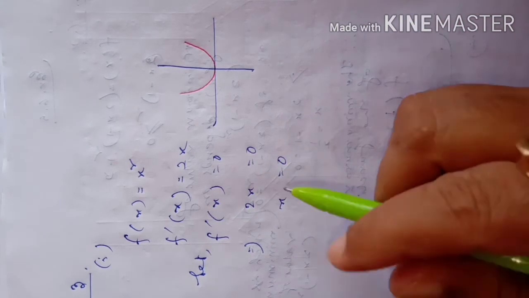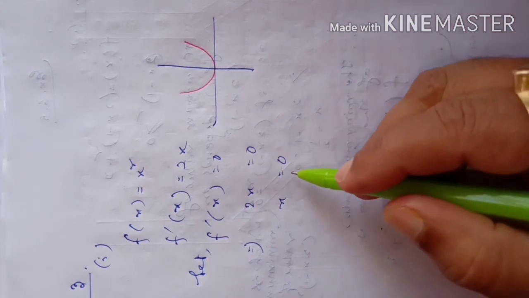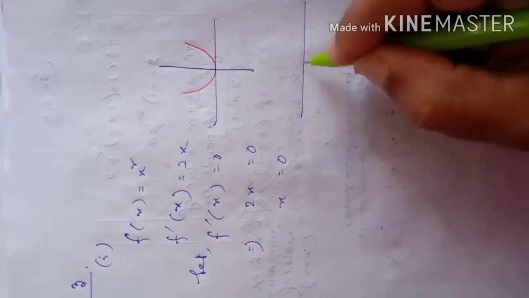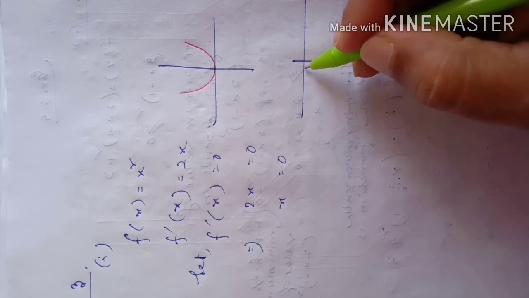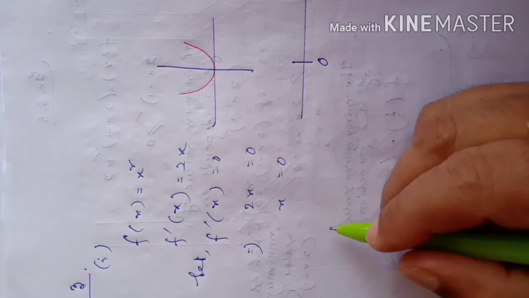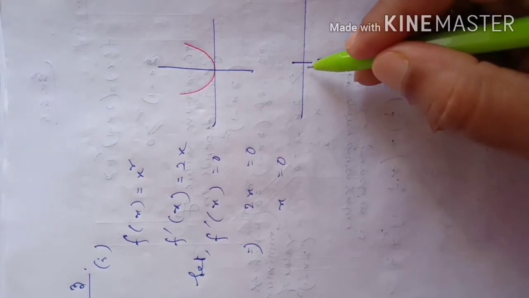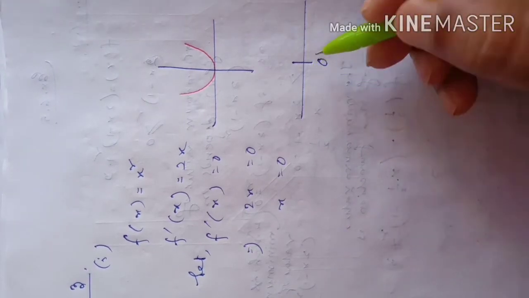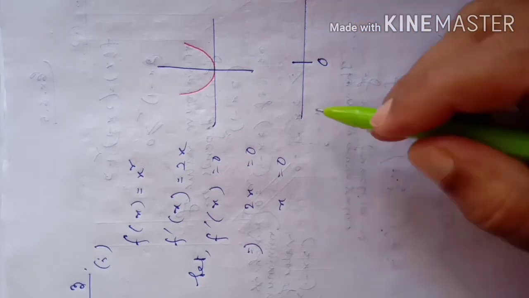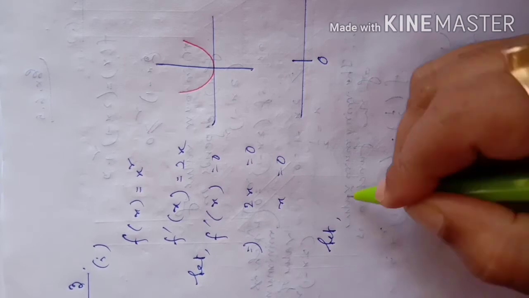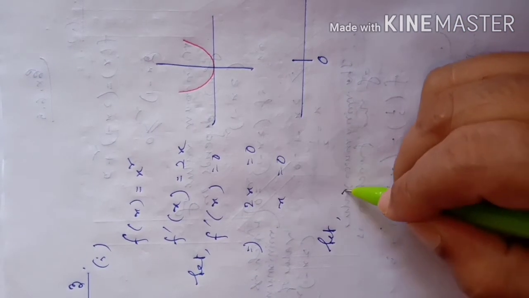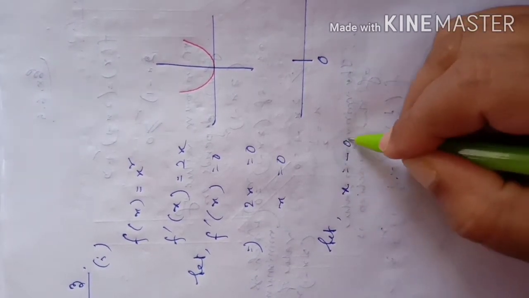Just before 0, take a point on the left hand side of 0, very close to 0. Let's take x equal to minus 0.01.